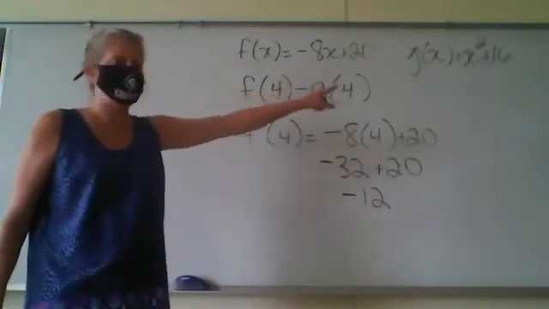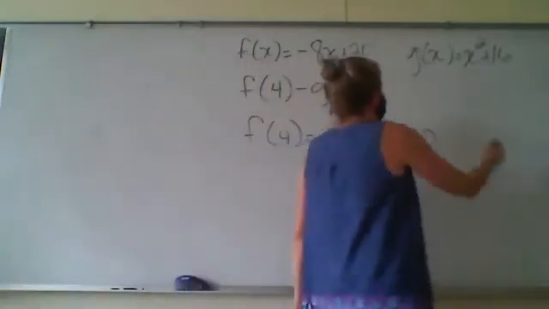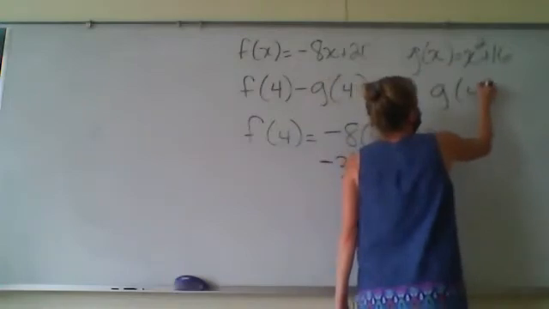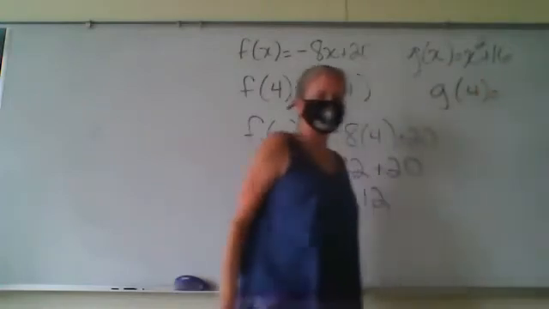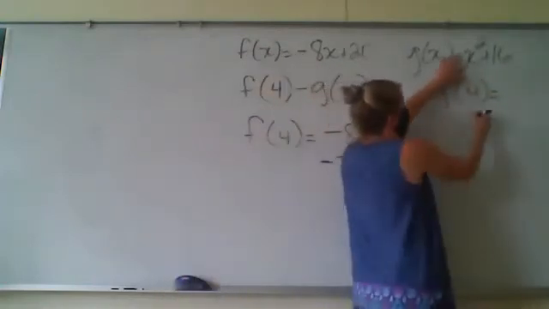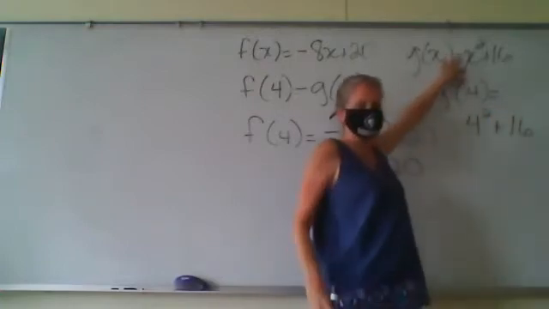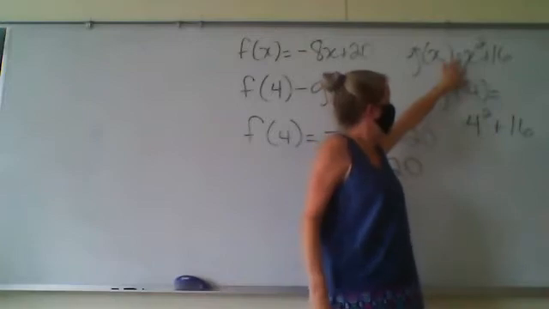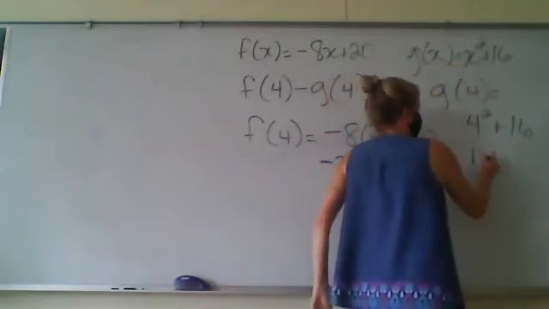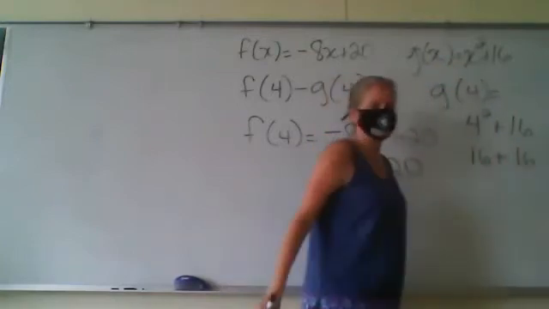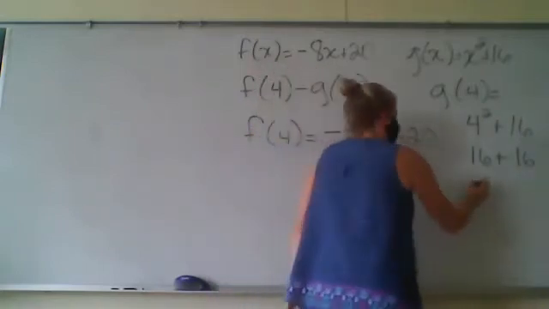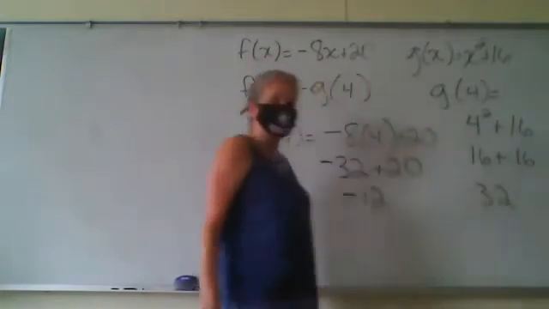Go do the same thing in the g. So I'm going to find g of 4, which means I'm going to have 4 squared plus 16. 4 squared gives me 16 plus 16, which gives me 32.